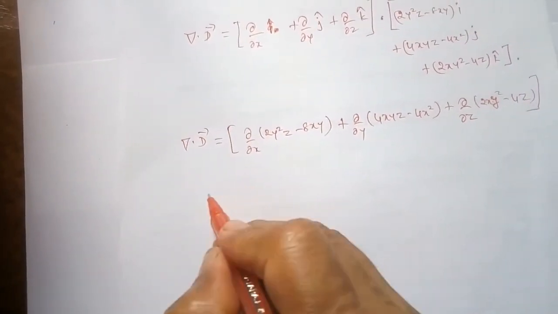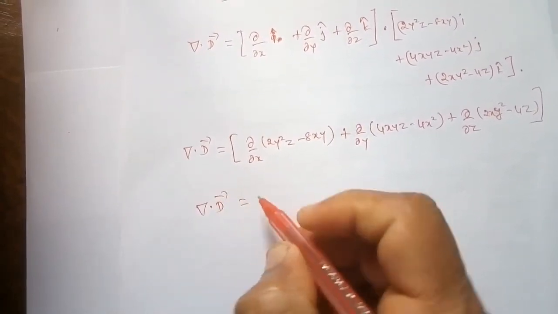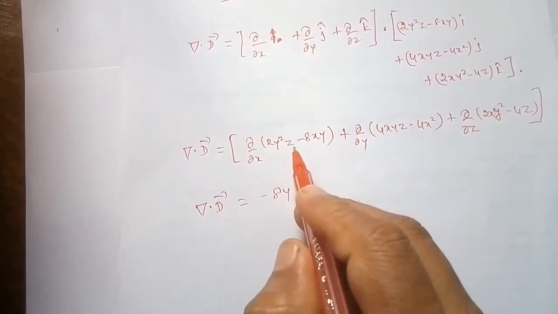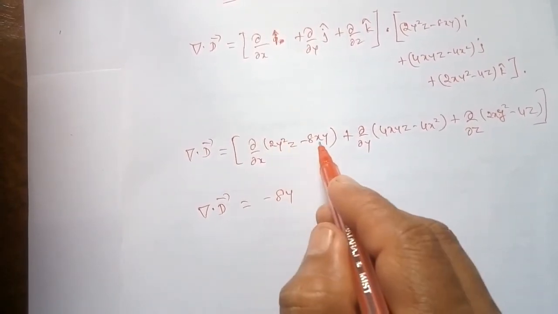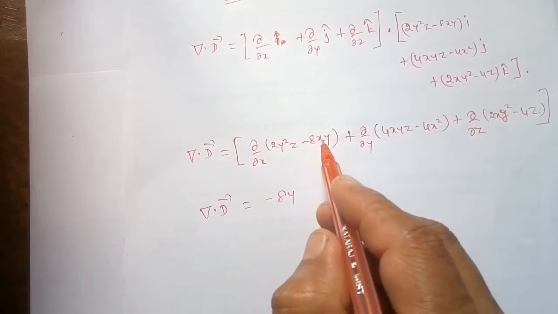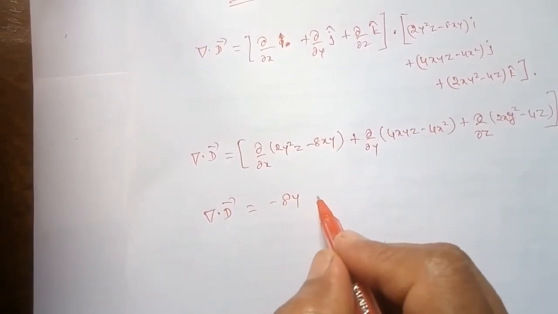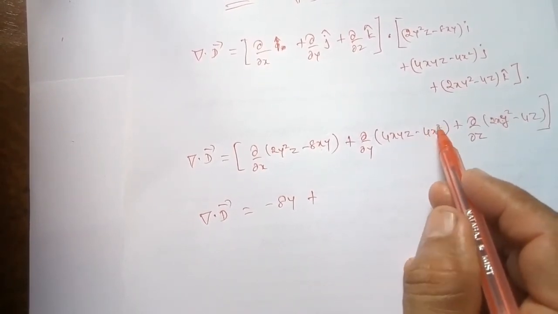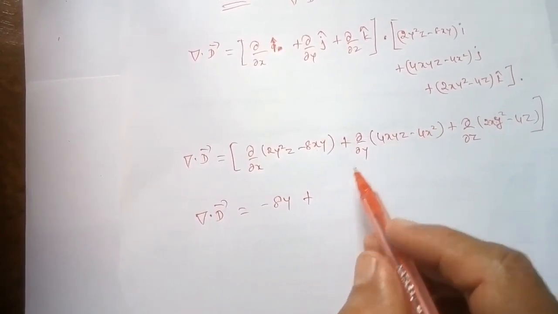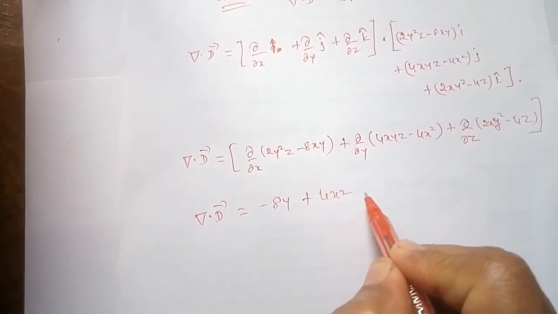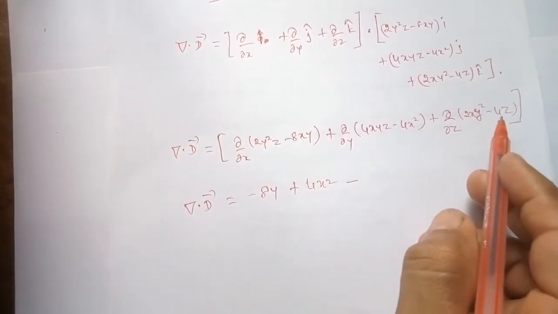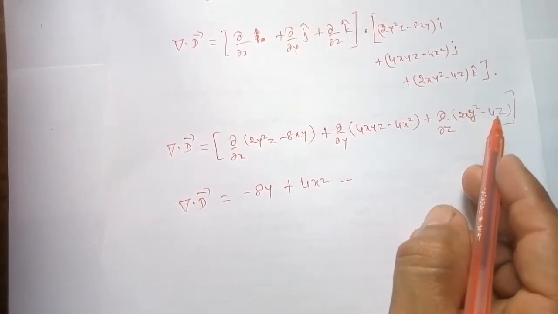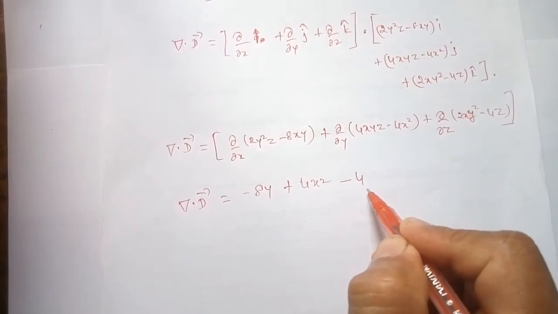So del dot D is equal to, on differentiation you will get minus 8y, because this part is constant, so x differentiation is 1, left with minus 8y plus, here with respect to y this part is constant, so reduces to 0, so you are left with 4xz minus, here xy square is constant, so reduces to 0, differentiation is 4.